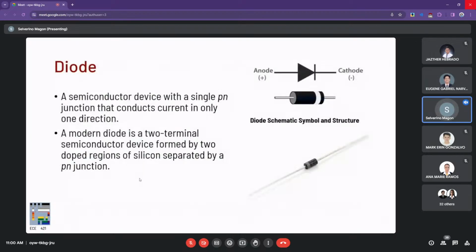All right, hold on, let me just try to adjust my volume here.